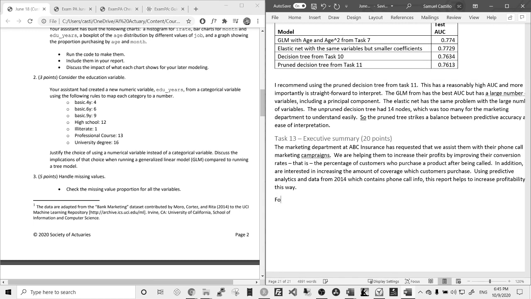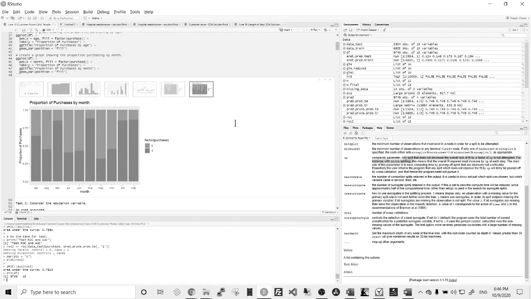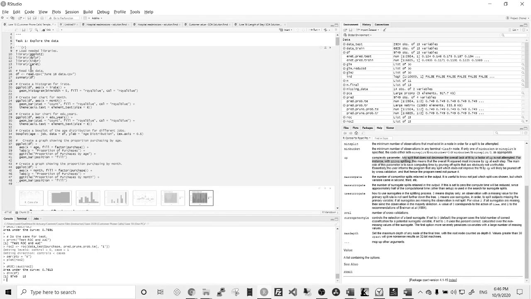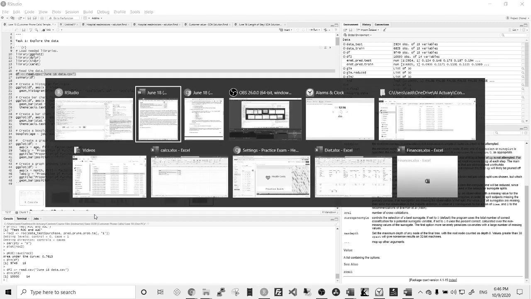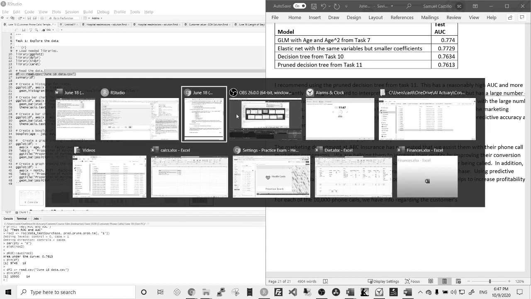So for each phone call, which is how many records are in the data. Well, originally there were more. Remember, because we had to remove records. So let's go back up to the initial data. I don't want to overwrite it. So let's just call this DF2. There were 10,000 records. For each of the 10,000 phone calls, we have info regarding the customers, and what are the columns?